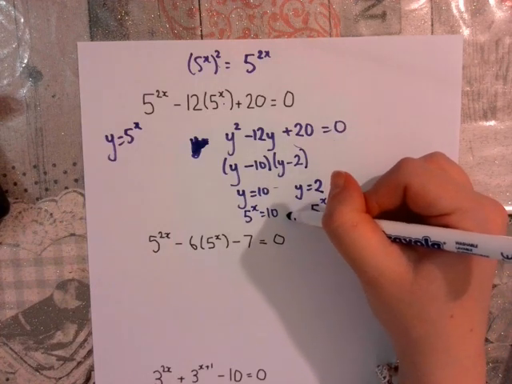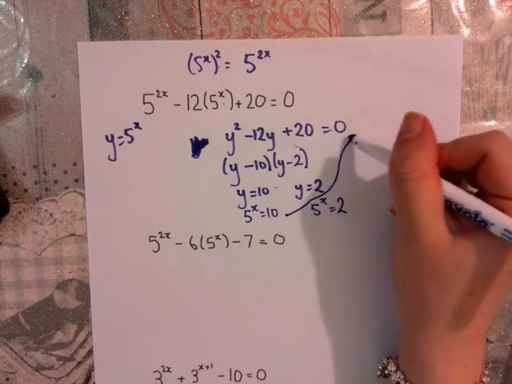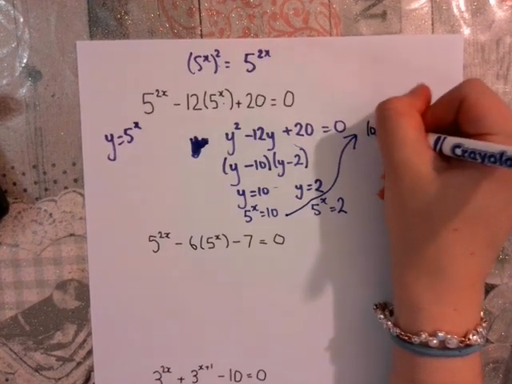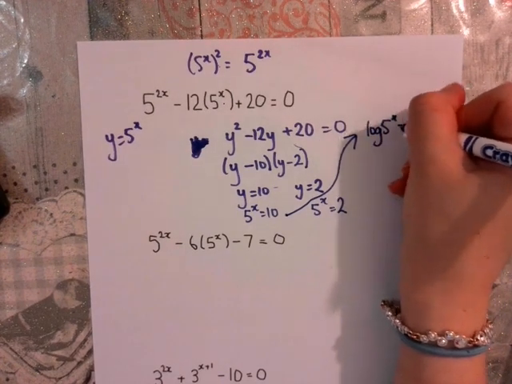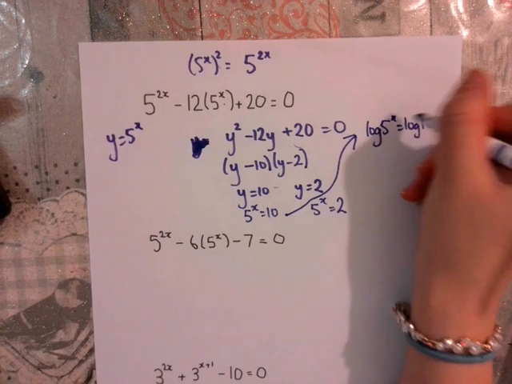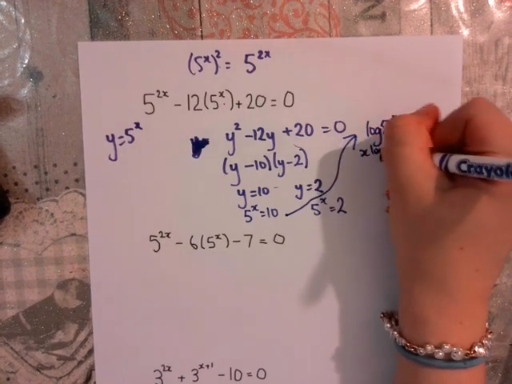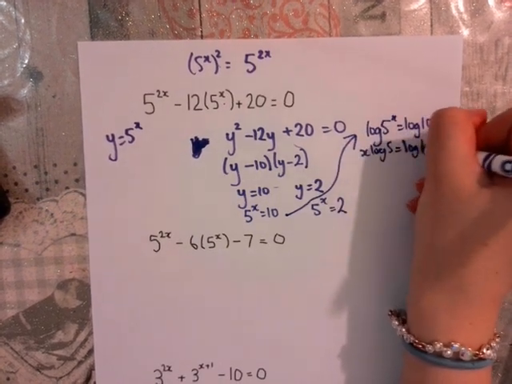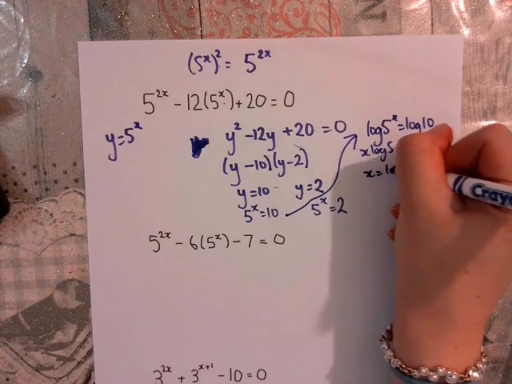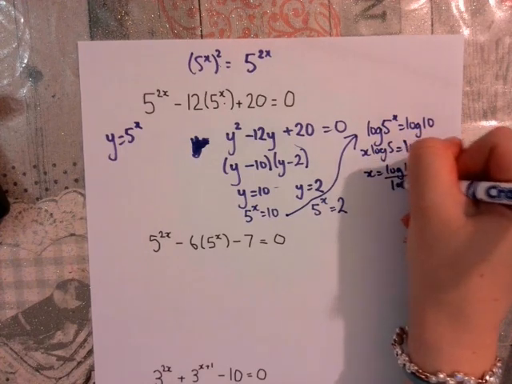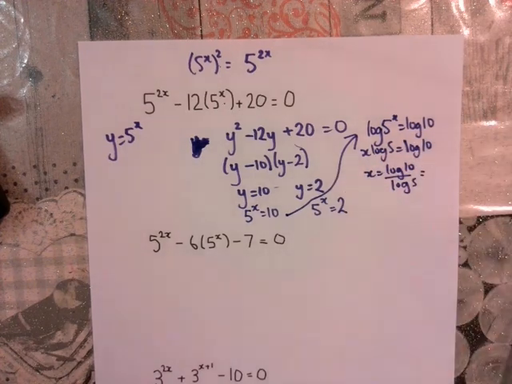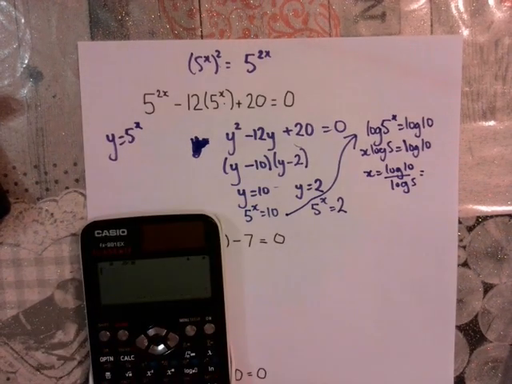So 5 to the power of x equals 10, if I go up here, so if I write log 5 to the power of x equals log 10, bring the x down, and so then you can see it's just going to be log 10 over log 5, but there is another way to do it that you might find quicker, but I'm just going to do it this way for now so that it's the same method all the time.